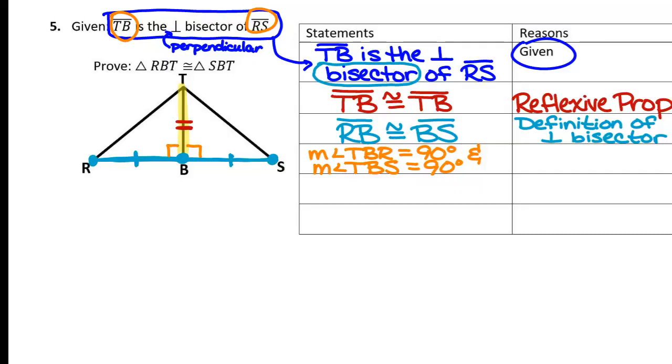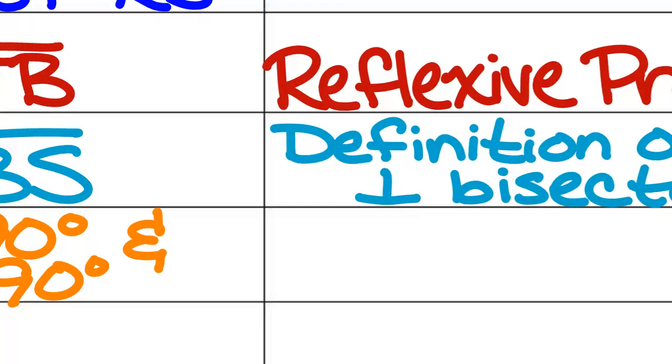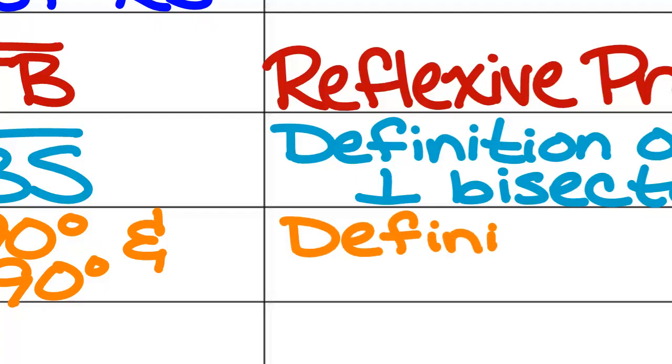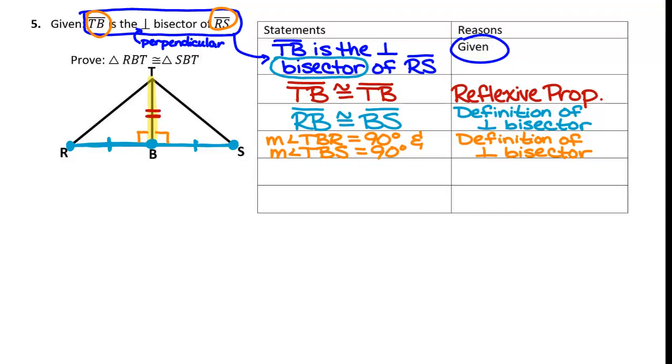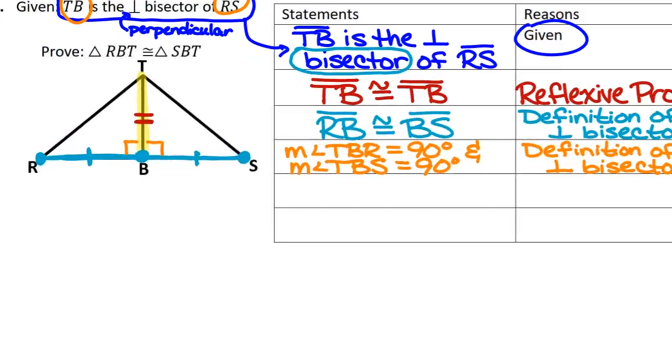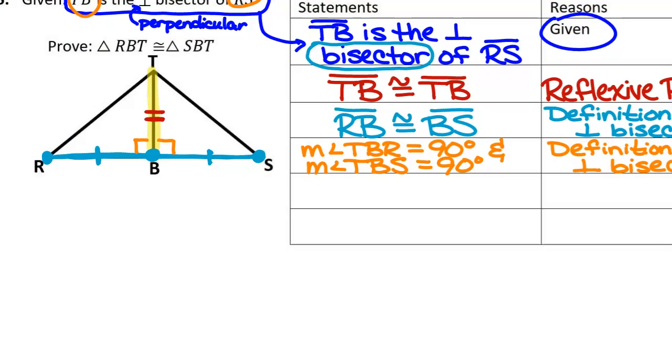And the reason we're allowed to say that is the same reason we could say this. We were told that TB is a perpendicular bisector. So we are using the definition of perpendicular bisector. All right. So far, so good?